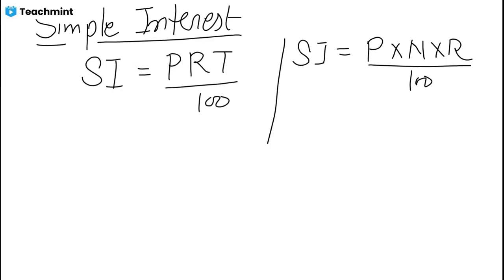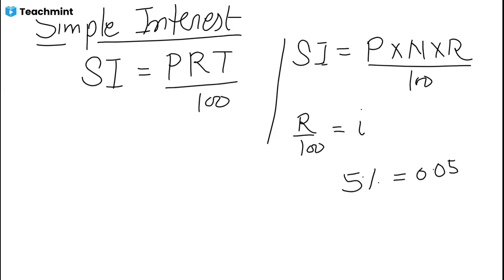And this R over 100, we can use I also, meaning decimal form. Like if you have 5%, then you can write 5% in decimal form as 0.05.